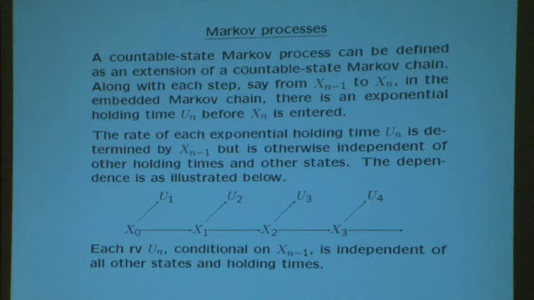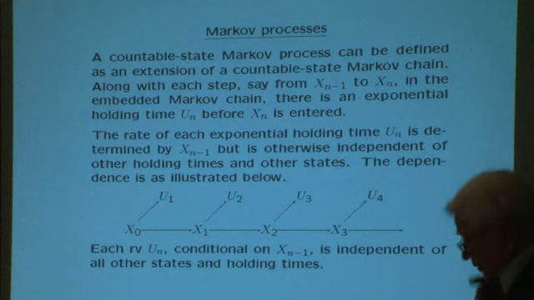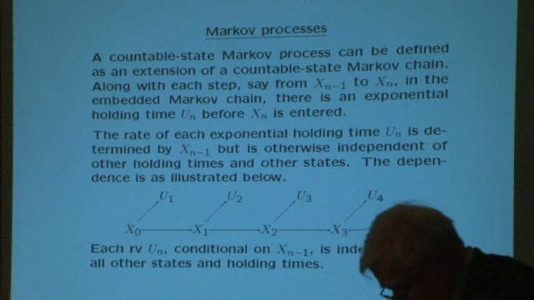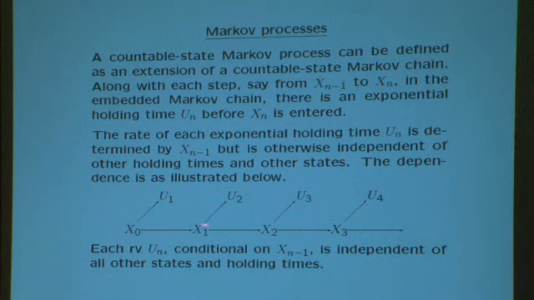The waiting time u sub i is a function of the state we're coming from, in the sense that it's an exponential random variable whose rate is given by the state that we're coming from. So this diagram here gives you really what the dependence of this set of random variables is.